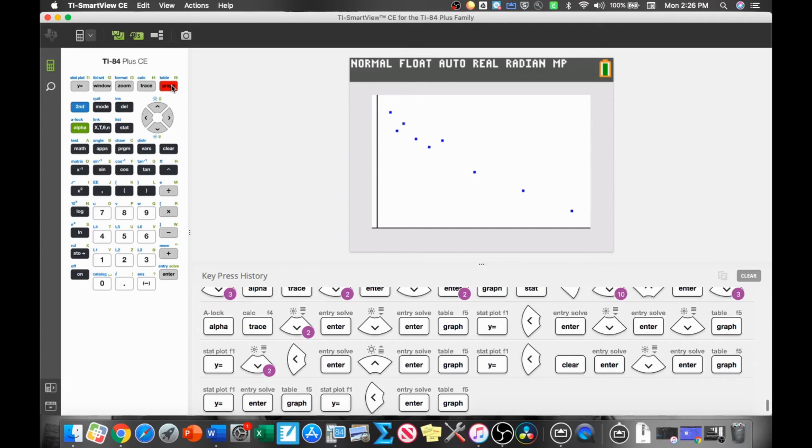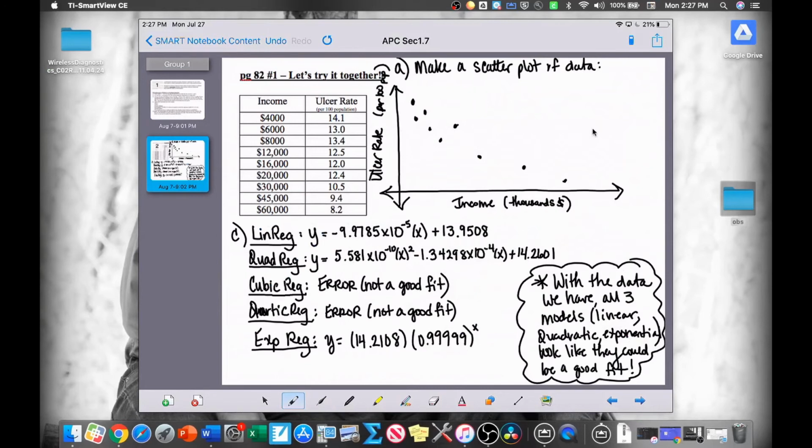Okay, our scatter plot looks something like that. And then, of course, we have our income down here, which is in thousands of dollars. And then up here we have our ulcer rate, and this is per 100 people per population. Okay, so there's our scatter plot.